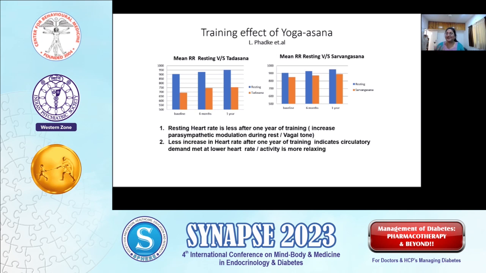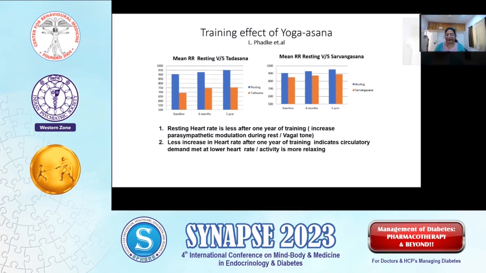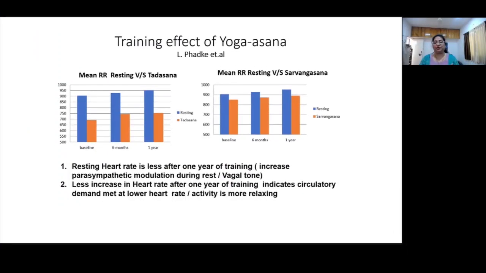That is the marker of resilience: you are able to do any activity, but the heart rate remains low. You don't need to pump the blood at very high speed. Even a little increase in heart rate is sufficient to meet the demand. So these activities are more relaxing in nature.